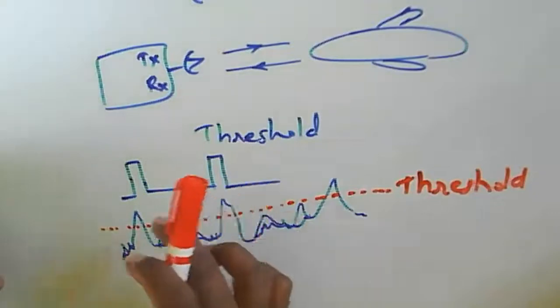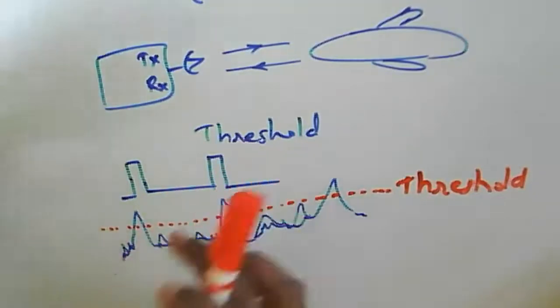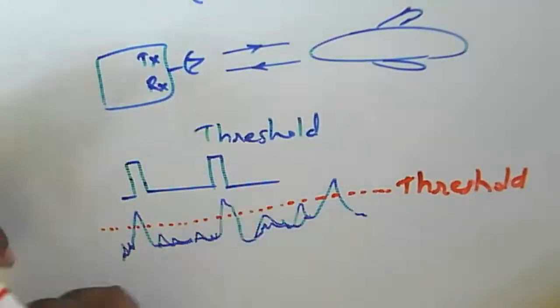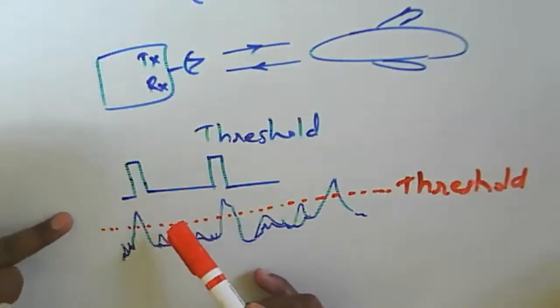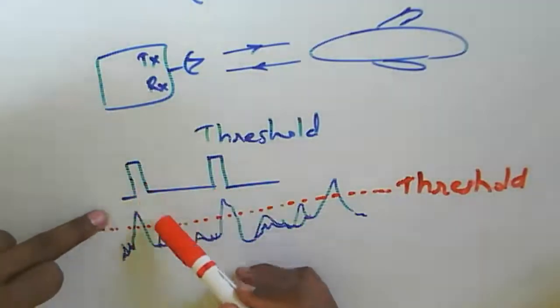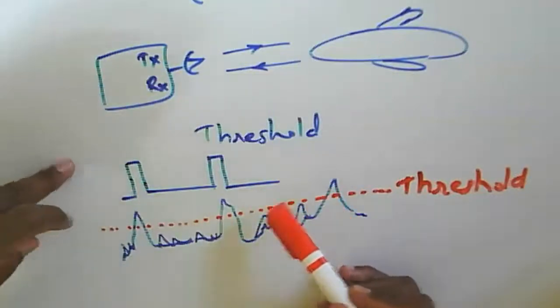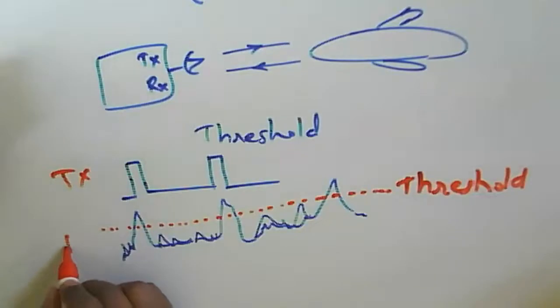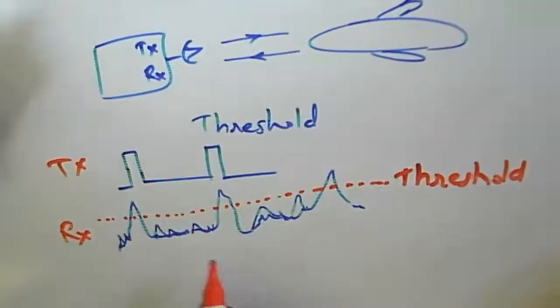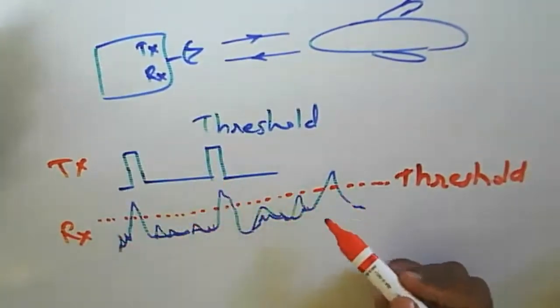This portion is what we are supposed to receive by the radar. At the radar receiver we get this train of pulses, because this one is about our transmitter section and this one is about your receiver pulses, and we are supposed to get this type of pulses here.